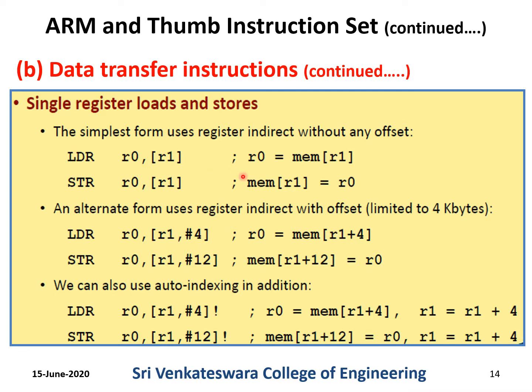Next we'll see how single register load and store can be used along with register indirect with offset and auto indexing modes. The first kind, the simple form of register indirect without any offset, we have already seen. So we'll focus on the next type. LDR and STR can be used along with some offset values.